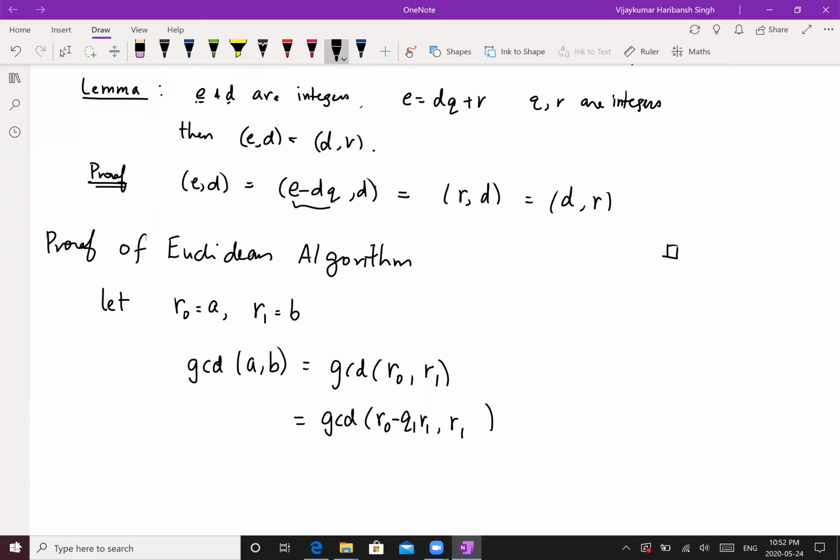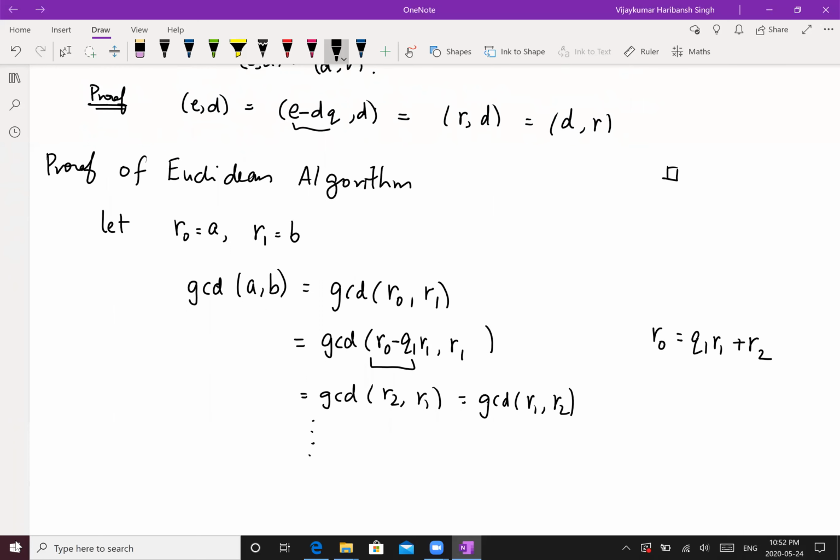And we have R0 equals Q1 R1 plus R2, right? So this will be replaced by GCD of R2, R1, which is the same as GCD of R1, R2. And I continue this process until the end.